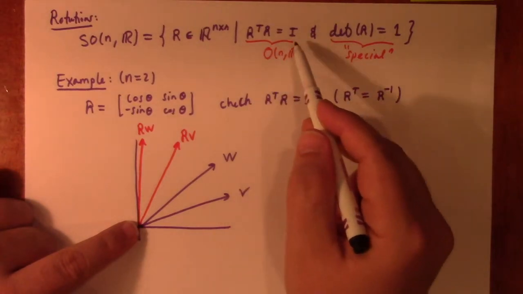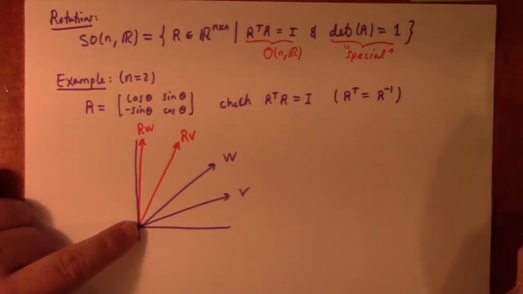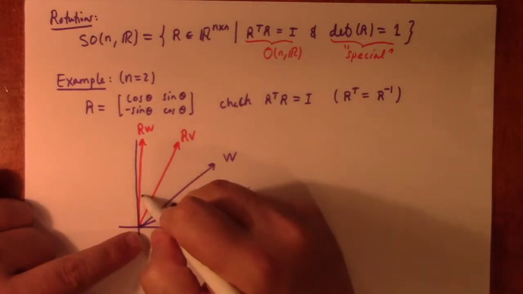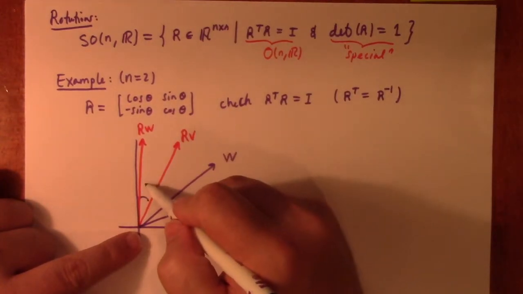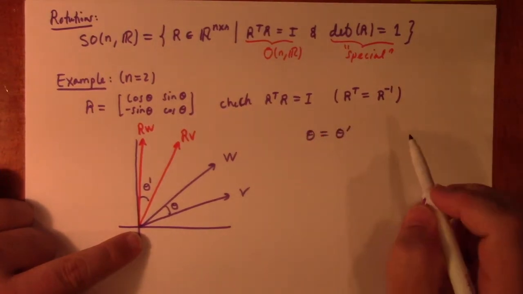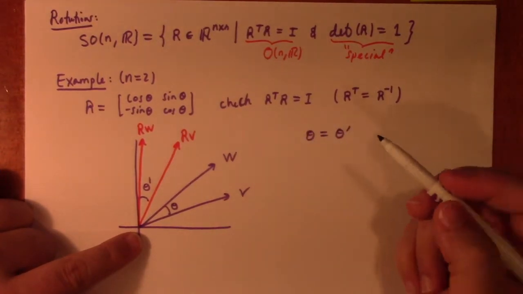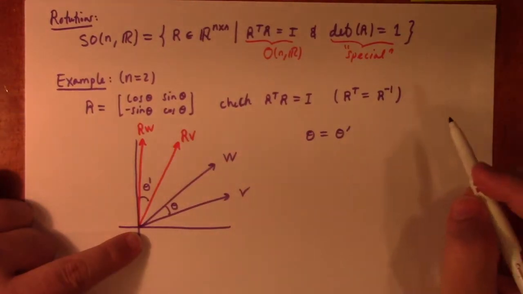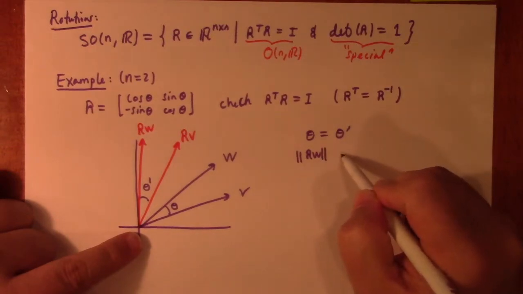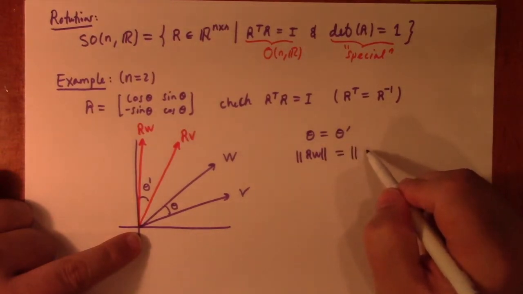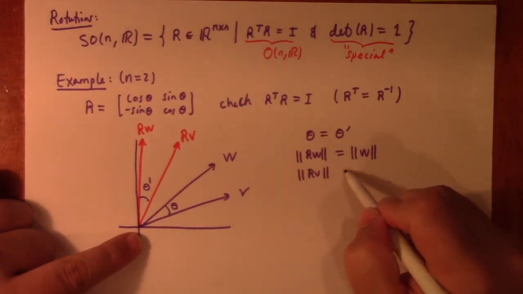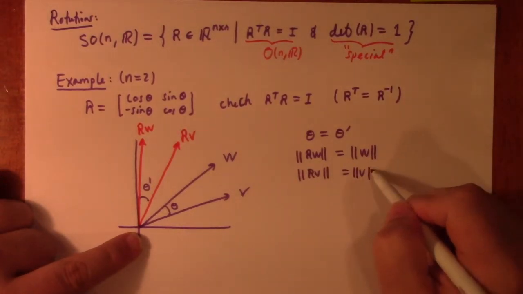The other condition is, well, let's see what that is. If this angle is theta, you could call this angle theta prime, and we ought to have that theta is equal to theta prime. And what else should we have? Well, if it's just a rotation, rotations don't change the lengths of vectors, right? So surely the length of Rw is equal to the length of w, and the length of Rv is equal to the length of v.